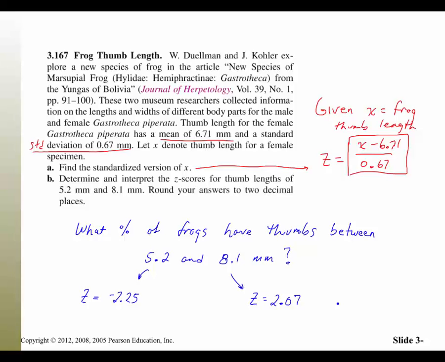Okay, so before we even go to the chart, we could make a really pretty close estimation if we remember what this is about. Remember? So 5.2 is like 2 1/4 below, and 8.1 is just about 2 above. So we can make a really close guess before we even go to the chart if we remember how standard deviation works. Anyone want to make a guess? Who does not have a chart with them?